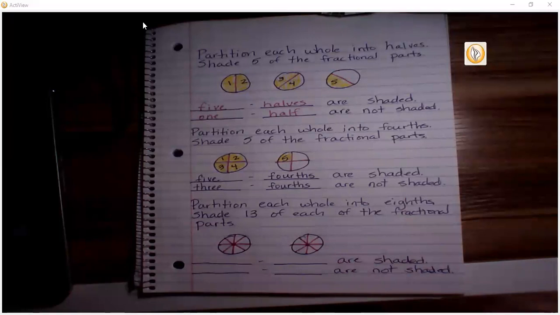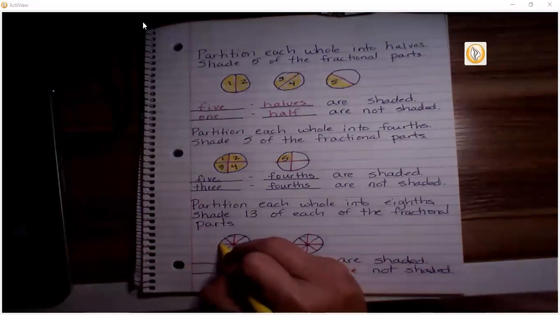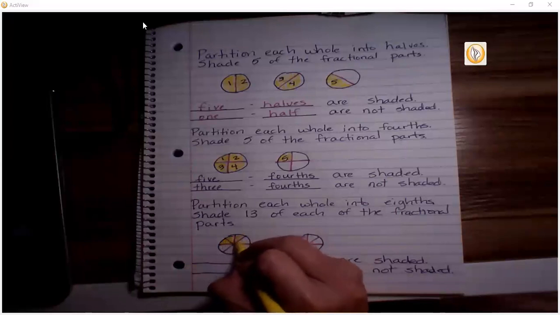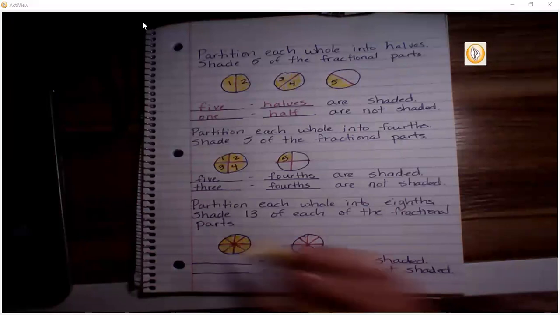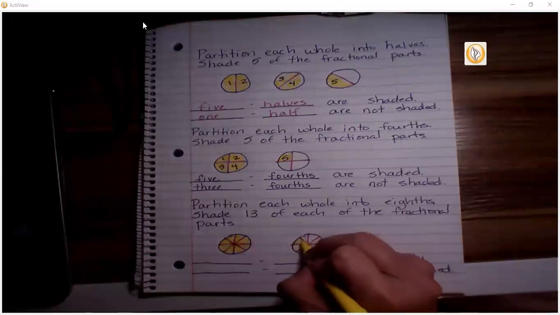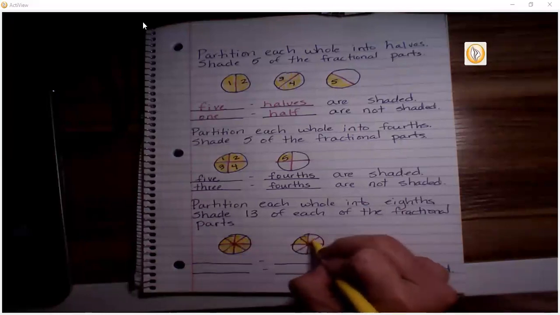And it tells me to shade 13 of those fractional parts. Shade 13. So I'm going to count them out as I shade. 1, 2, 3, 4, 5, 6, 7, 8, 9, 10, 11, 12, 13.